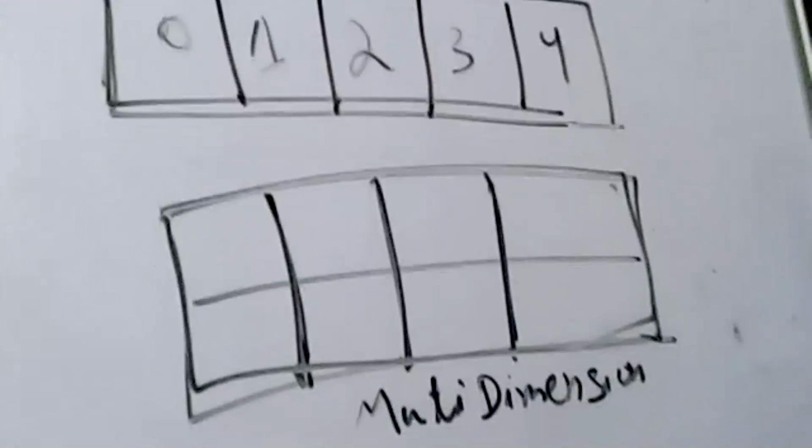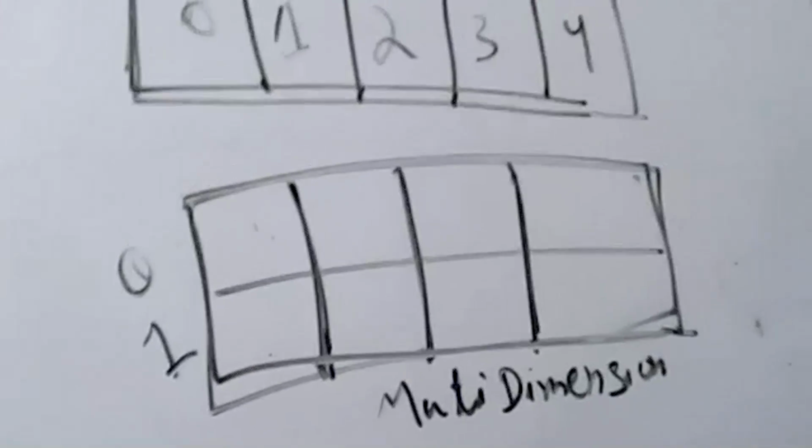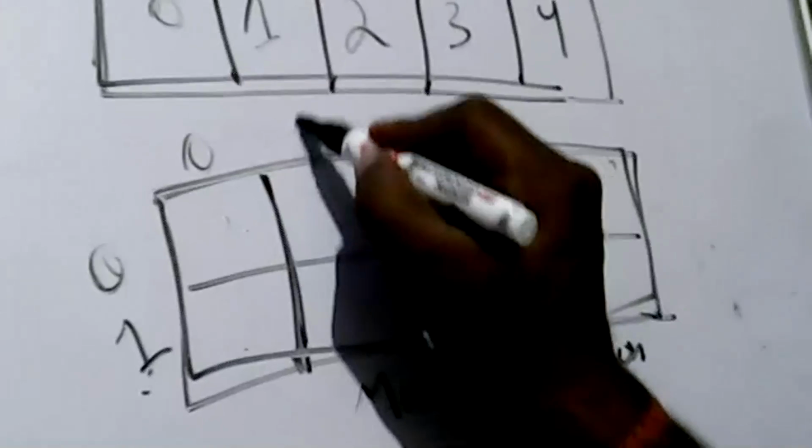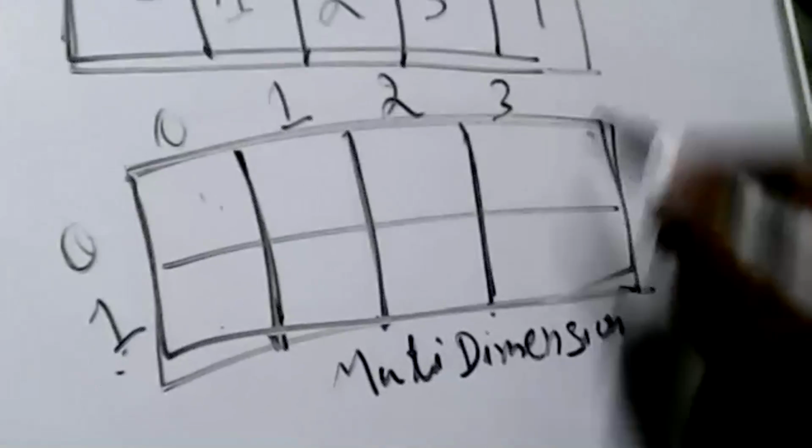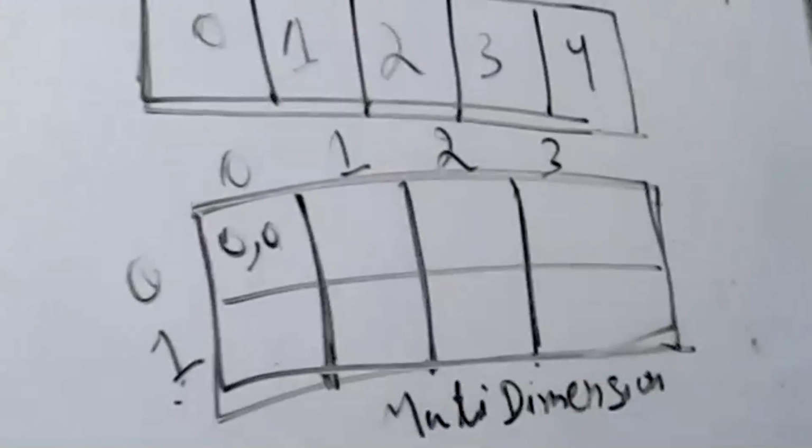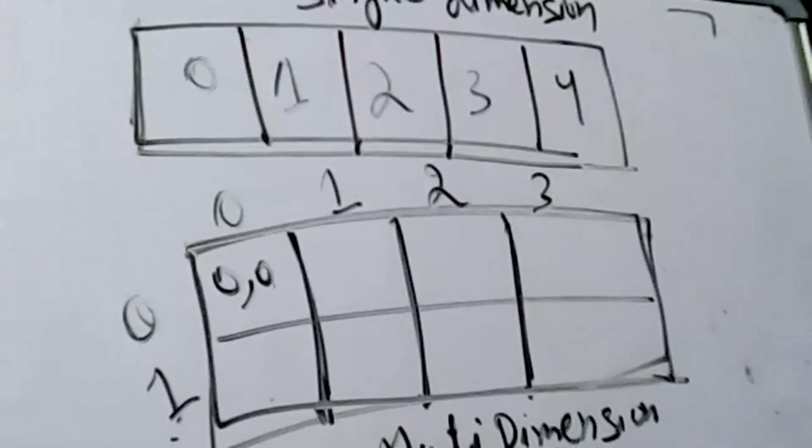In a multi-dimension array, the elements are stored in multiple rows and multiple columns. Here there are rows 0 and 1, and columns 0, 1, 2, 3. The first position is called 0, 0.